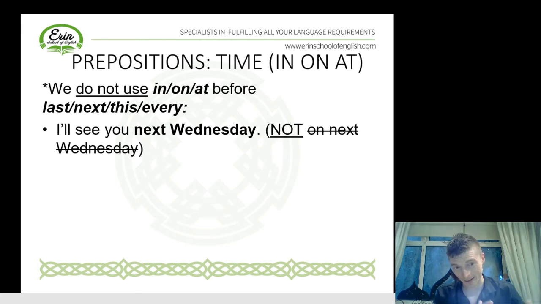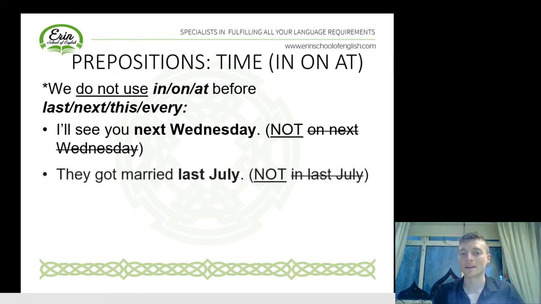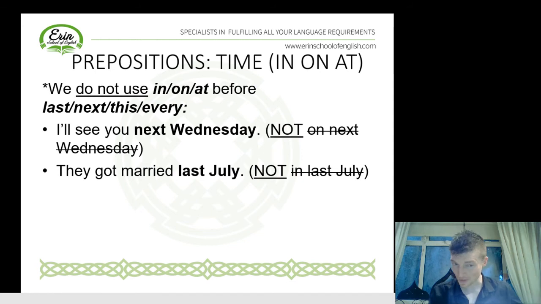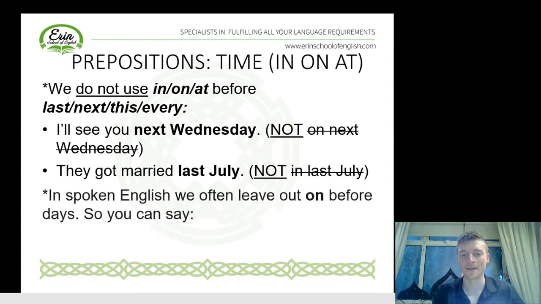We have the word next before the day. There is no need to use a preposition here. So try to avoid making the mistake so many people make by saying, I'll see you on next Wednesday. Another example, they got married last July, not they got married in last July.